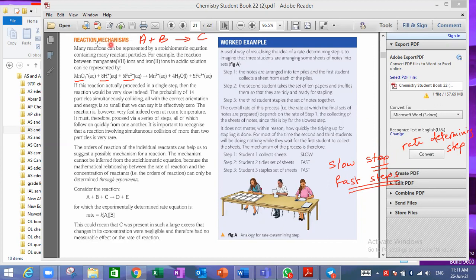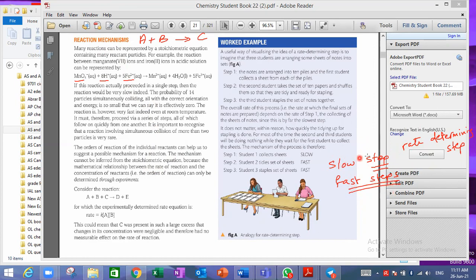In the reaction mechanisms, where reactions take place by more than one step, we have to differentiate between two different types of steps. We have a step that usually is only one step, that we call the slow step or the rate determining step, and the other steps will be fast steps.